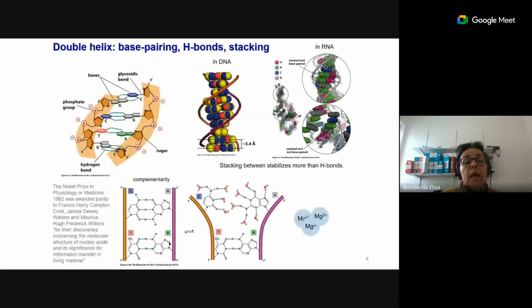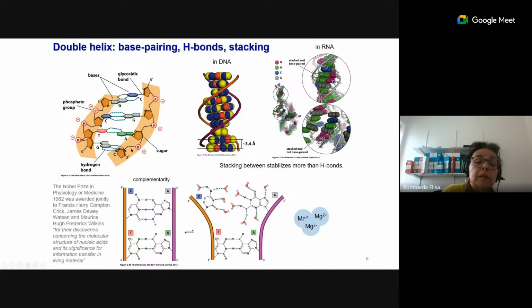Okay, so here is the typical double helix that we have in DNA, and you see the bases interact with hydrogen bonds, but the chain is here.